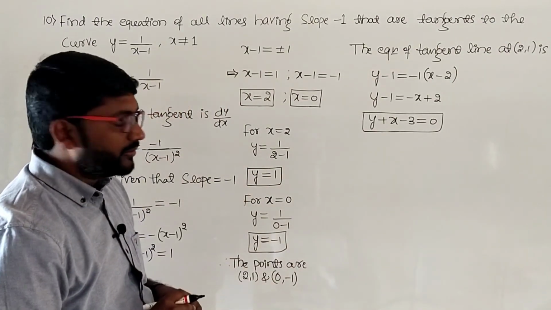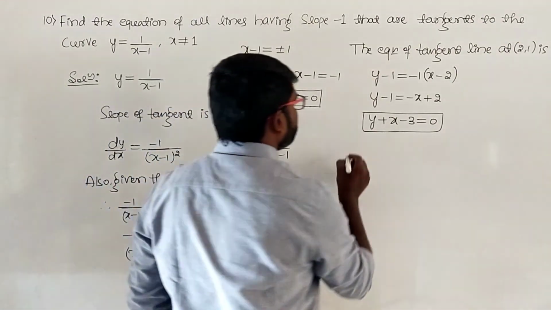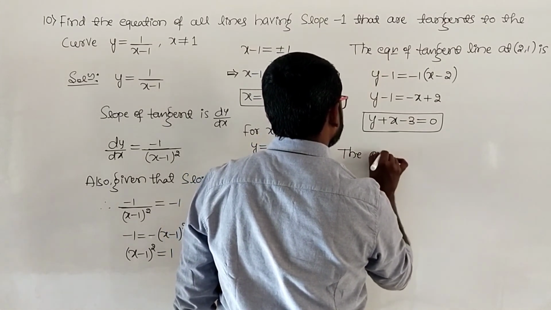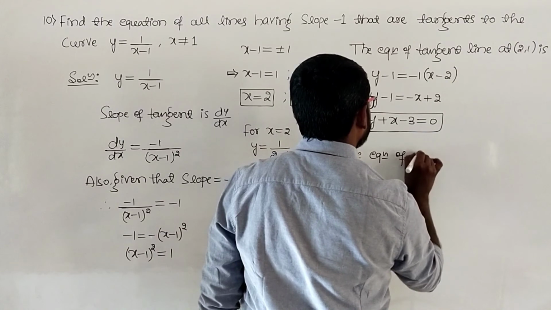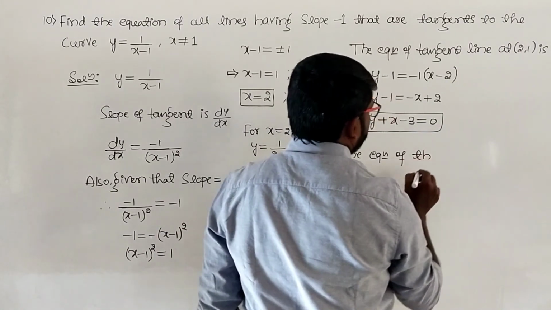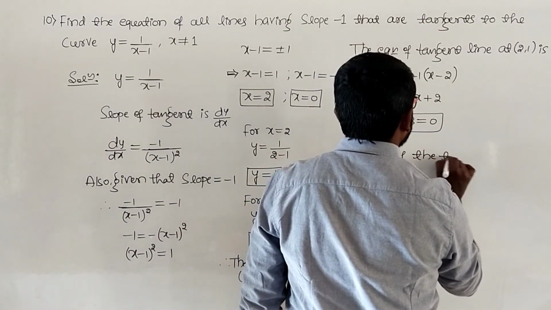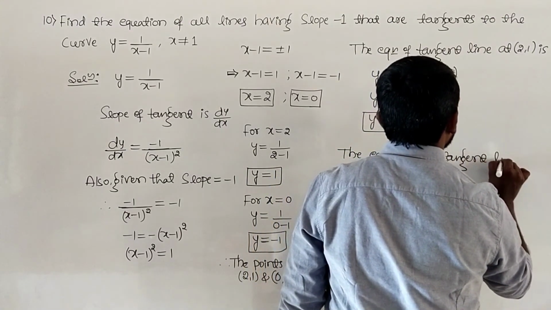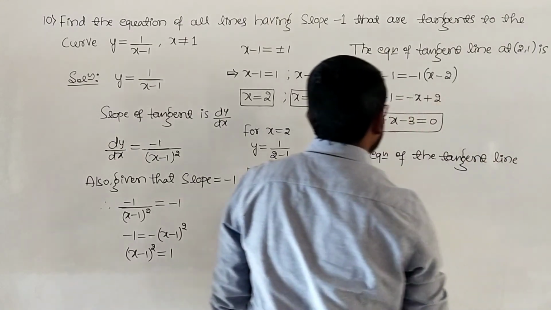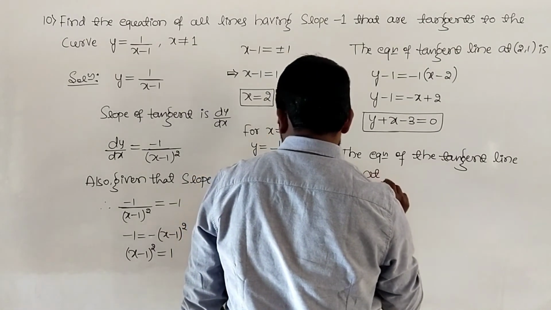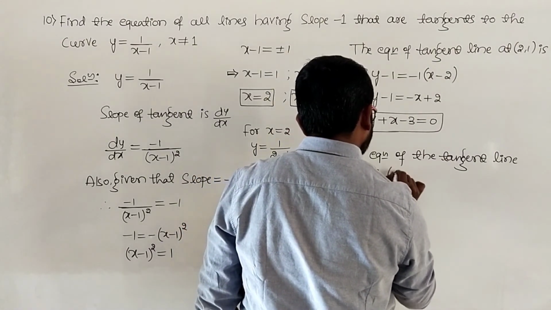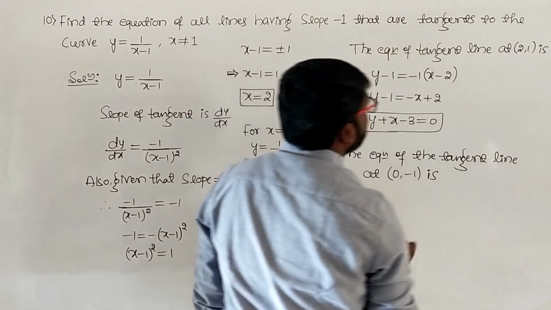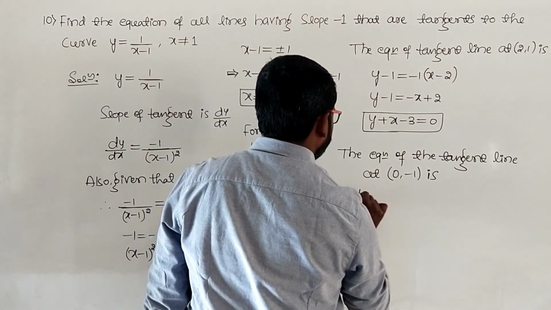Then we will have to go for the other point. The equation of the tangent line at what is the other point? It is 0 comma minus 1. At 0 comma minus 1 is again y minus y naught.